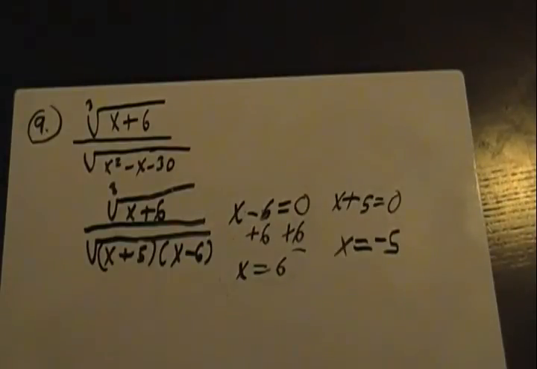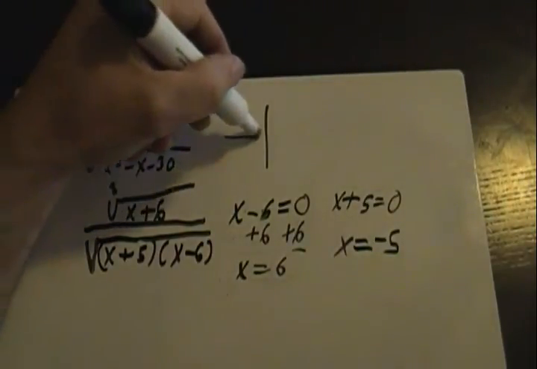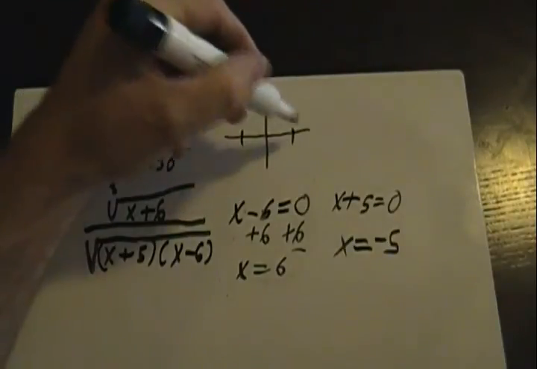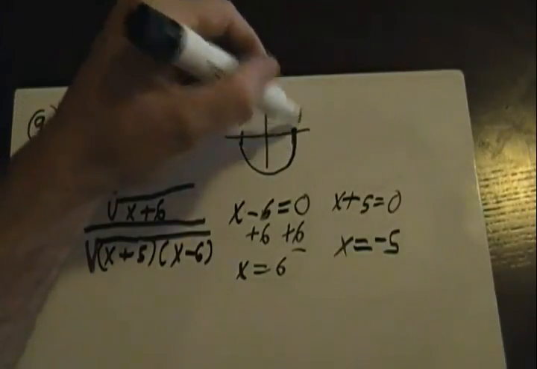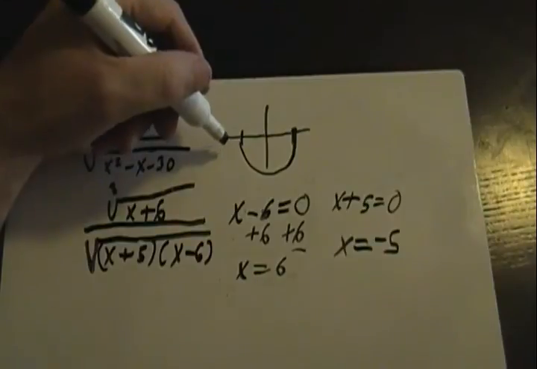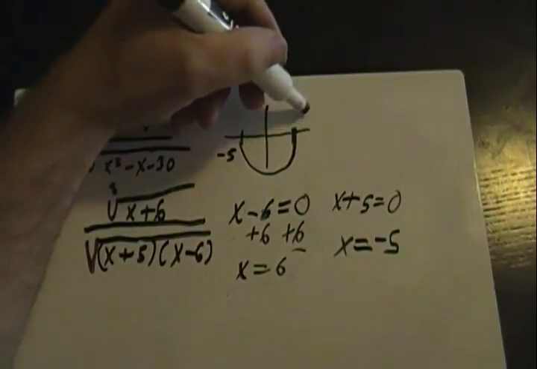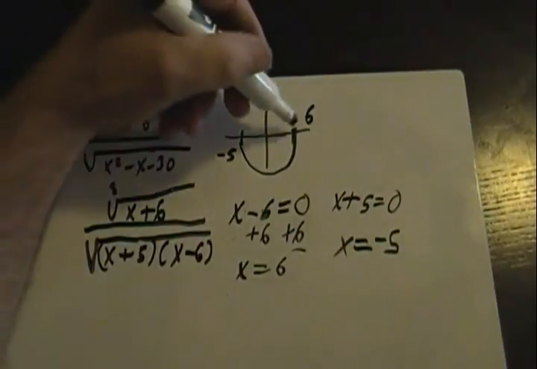The second case that we need to consider when looking at the domain for this function is what causes the inside of this radical to be less than 0, or negative. If you think about this for a second, the graph of this would roughly look something like this, with the roots being at negative 5 and x equals 6 right here.